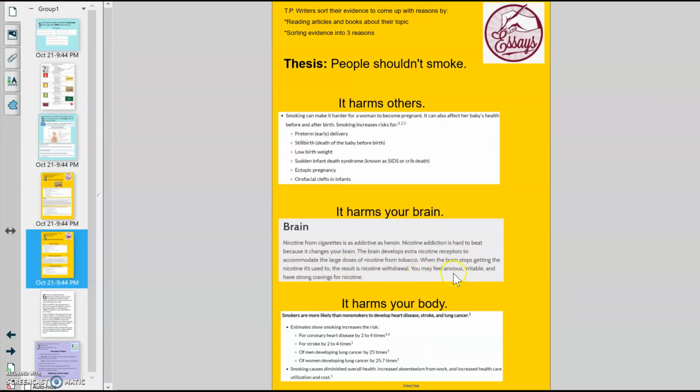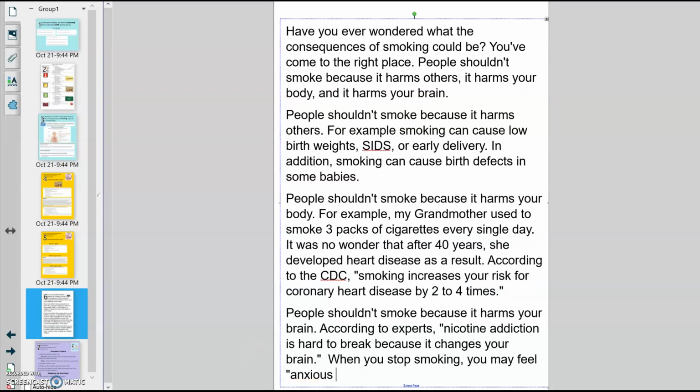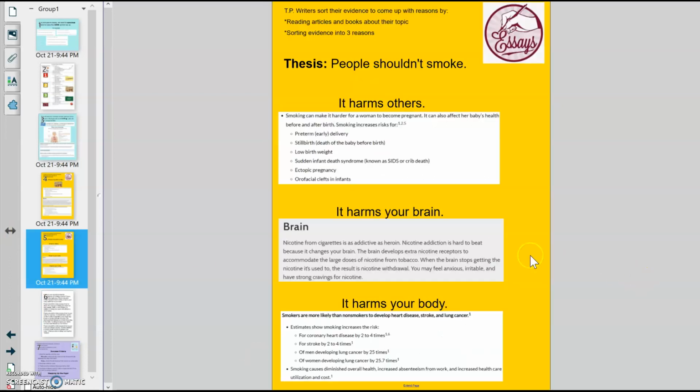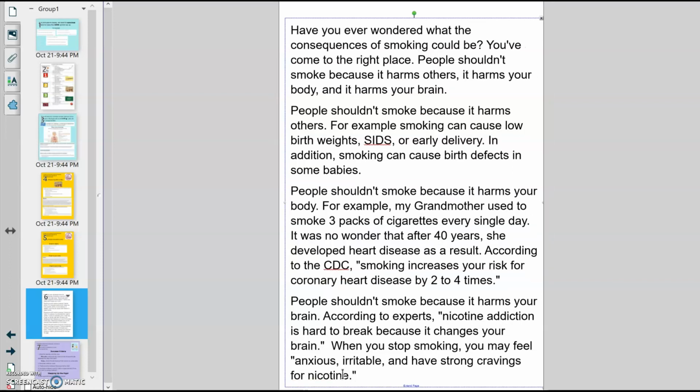Here we go. You may feel anxious, irritable, and have strong cravings for nicotine when you withdraw. When you stop smoking, you may feel anxious, irritable, and have strong cravings for nicotine.